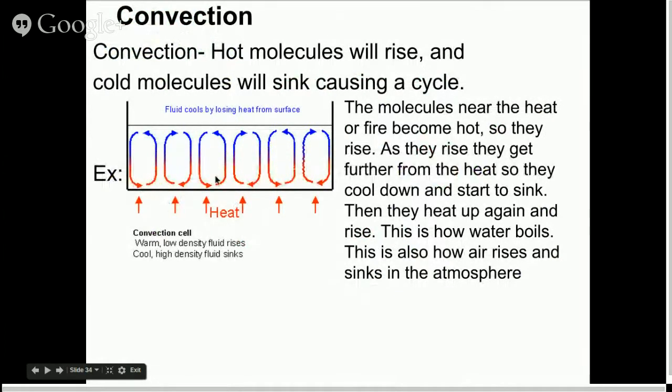So the bottom will get hot and then it'll start to rise because it's less dense or not as heavy, so it'll float. Okay, and then this will cool down because it's further from the heat, so then it'll start to sink. And you get these little things like this. So when you watch your pot boil, you get these little bubbles right here.